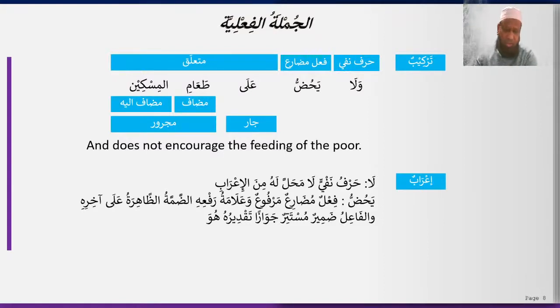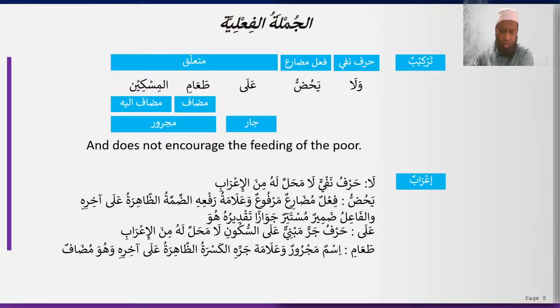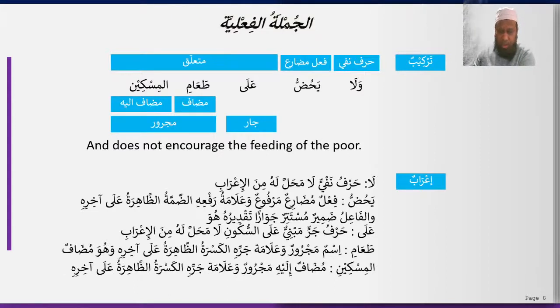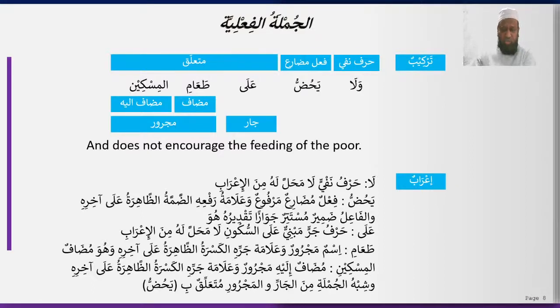So في المذكر the ضمير will be جوازا تقديره هو, and تحد ضمير مستتر جوازا تقديره هي لفظ مؤنث. then على حرف جر مبني على السكون لا محل له من الإعراب. طعام اسم مجرور وعلامة جر الكسرة الظاهرة على آخره وهو مضاف, and المسكين مضاف إليه مجرور وعلامة جره الكسرة الظاهرة على آخره. وشبه الجملة من الجار والمجرور متعلقون بفعل يحد.